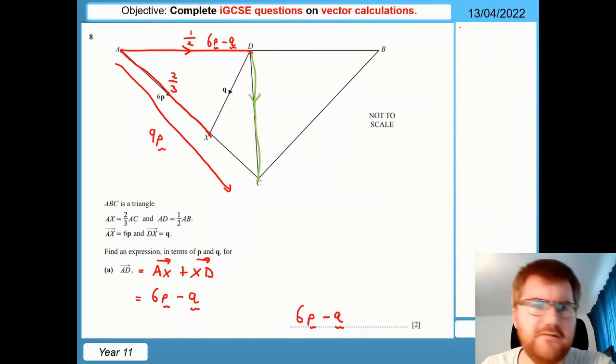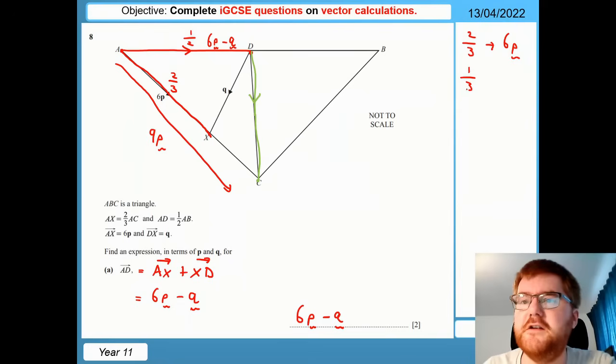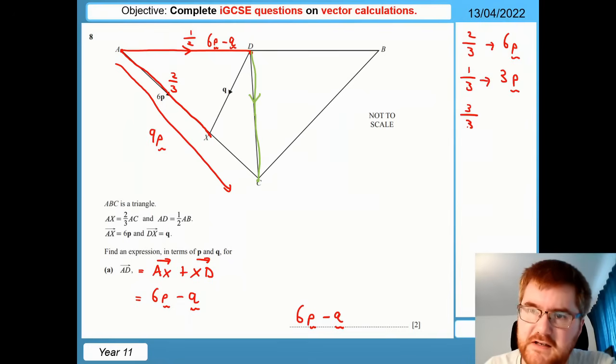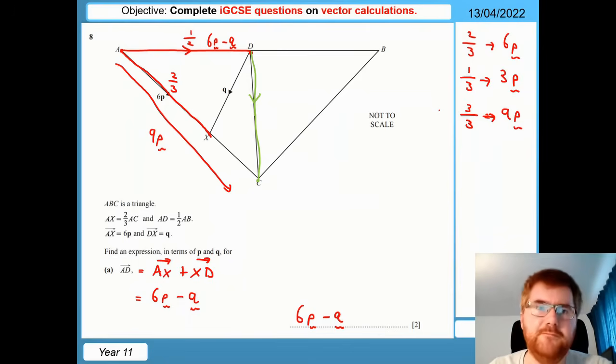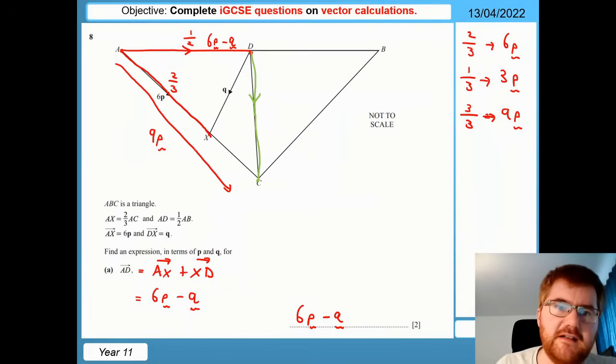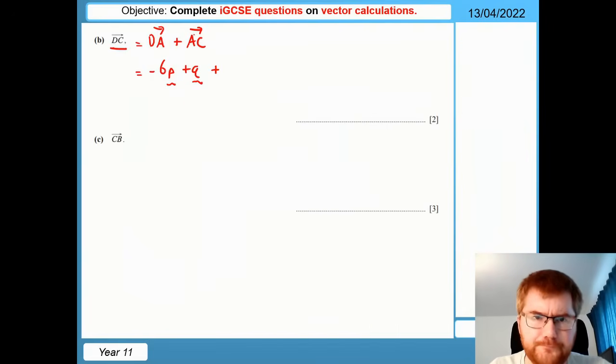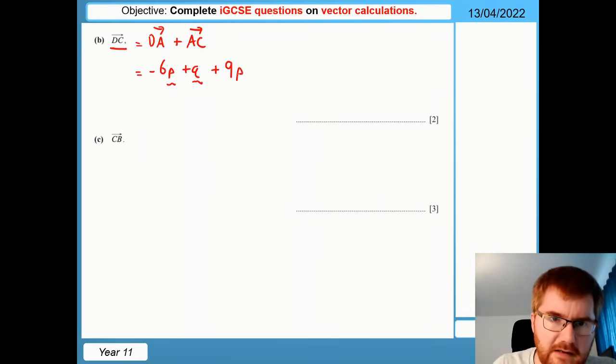One way of thinking about this, if you're not sure where the 9 comes from: 2/3 is equal to 6 lots of P, so 1/3 will be equal to 3 lots of P, so 3/3, or the entire line, will be equal to 9P. So I'm just using proportionality, or times it by 1.5, to give me 9P. So I'm going to pop in the 9P over here.